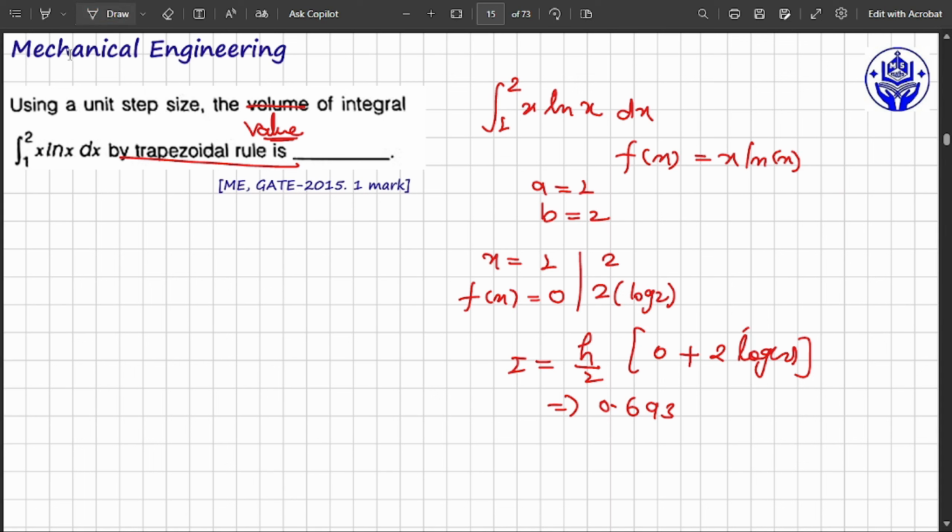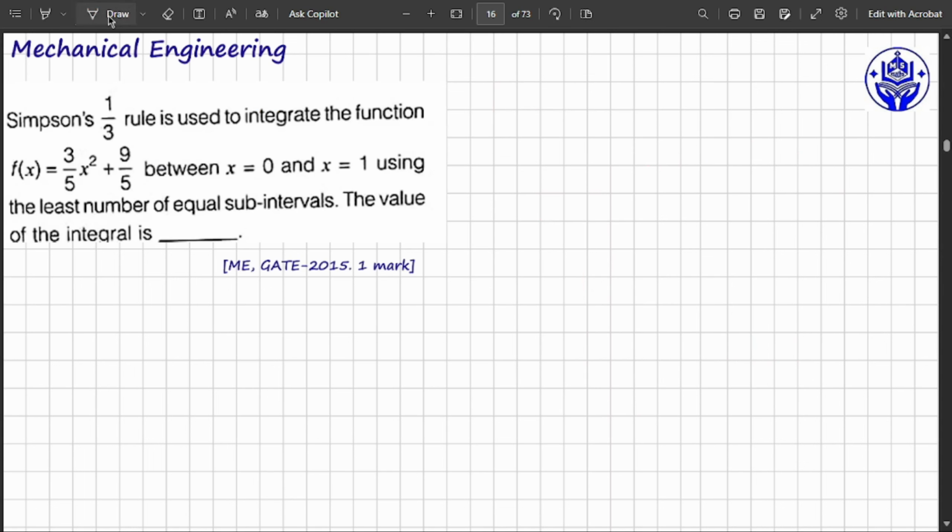Now we'll go to the next question, and the next question is Simpson 1/3 rule is used to integrate the function between 0 to 1 using the least number of equal subintervals. While you are calculating the integration using Simpson 1/3, the rule is that the minimum number of points taken is 3. In trapezoidal, we have chosen 2.